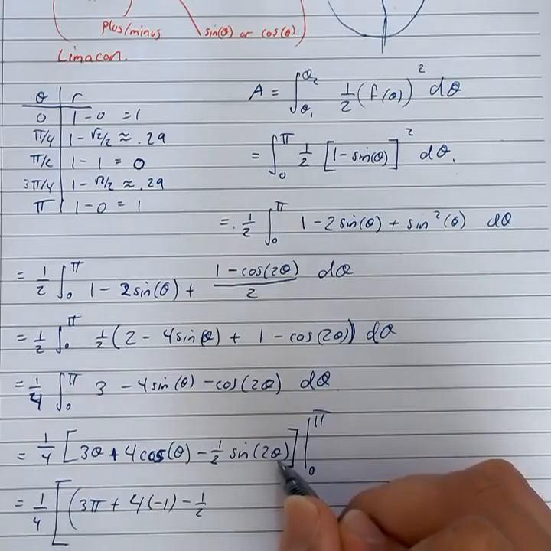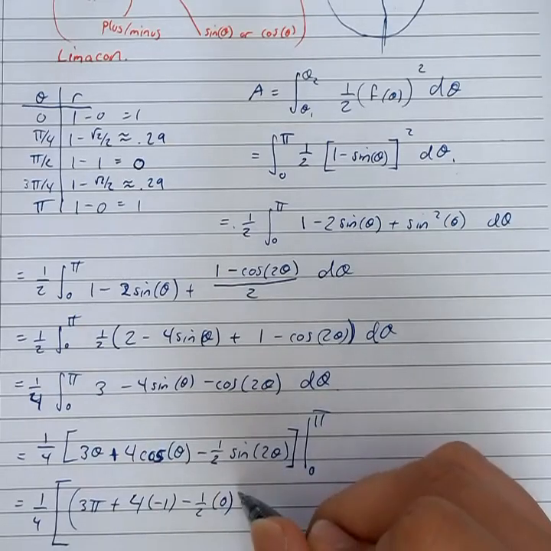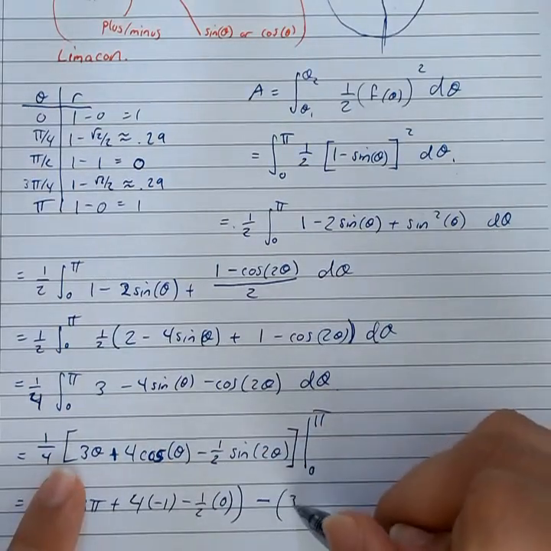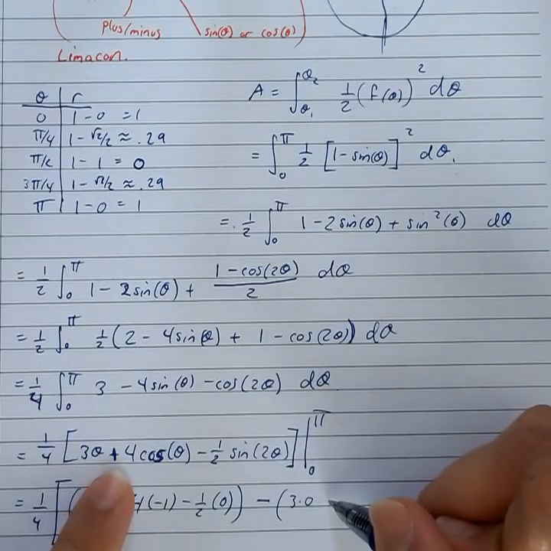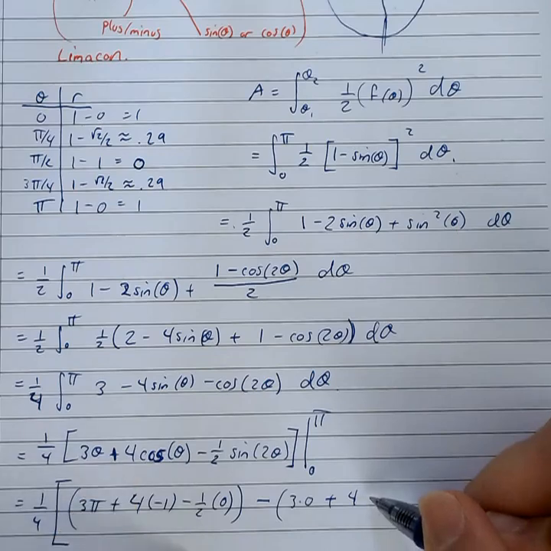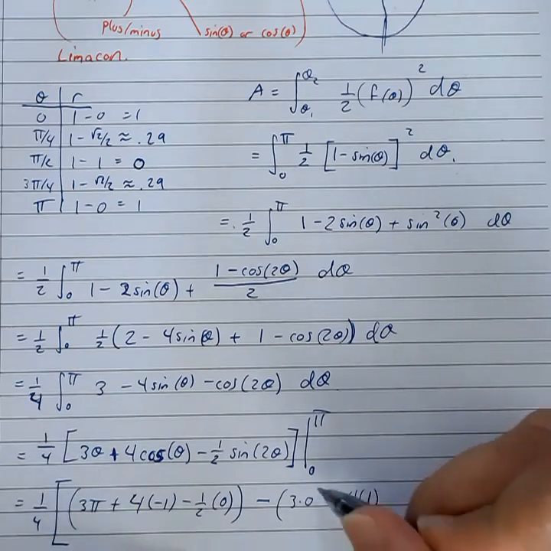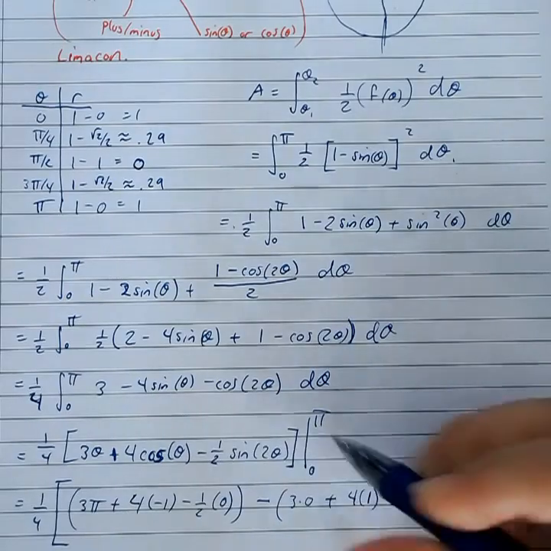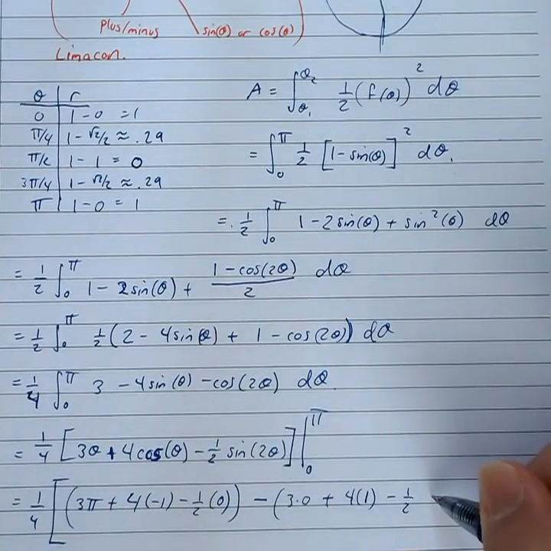Oh, but the sine of 2 pi is 0. Okay, so that one's going to go away. Minus, and now let me plug in 0 here. That's going to be 3 times 0, okay, that's going to go away, plus 4 times the cosine of 0. Well, the cosine of 0 is just 1. And then here that's going to be minus 1/2 times the sine of 0, which is going to be 0 again.